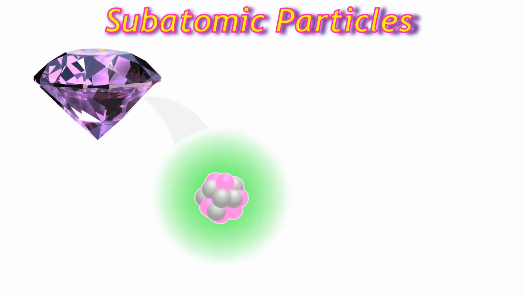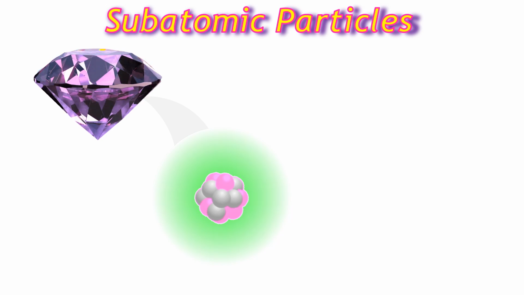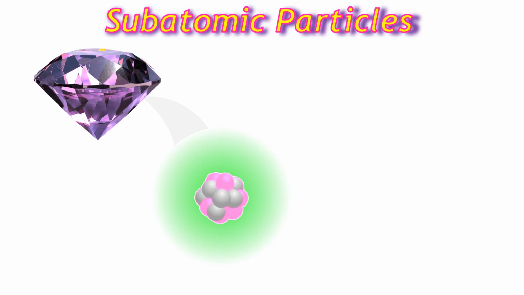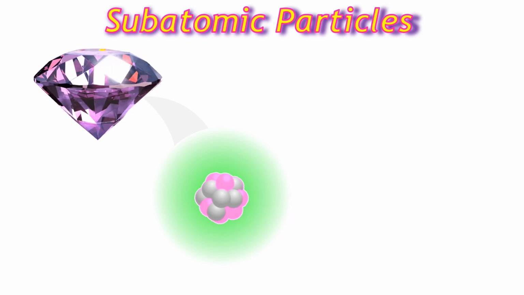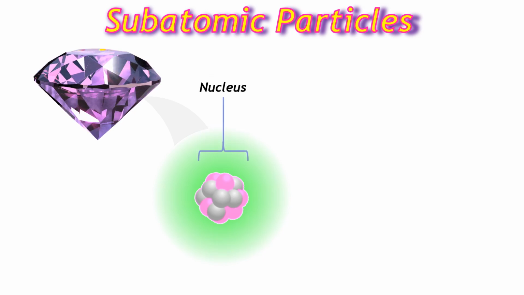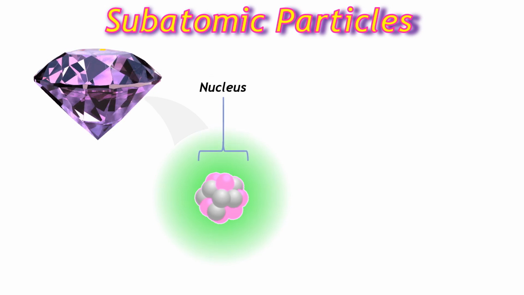Now, to talk about this in any detail, we have to talk about particles, which are actually smaller than the atoms themselves. Here we have a picture of a crystal of diamond, which is a very valuable version of carbon. It's actually pure carbon. And, well, like everything else made of carbon, it's made of carbon atoms, and the atom has a nucleus. The nucleus, you can see, has the protons and the neutrons.